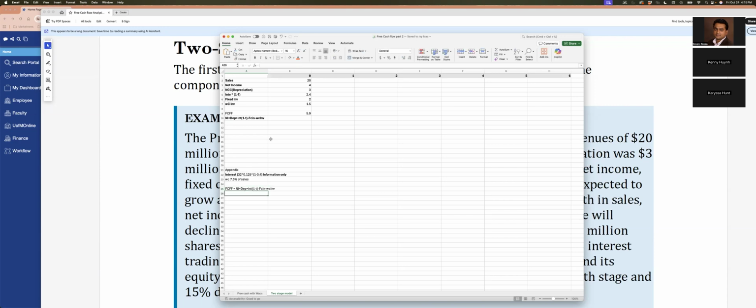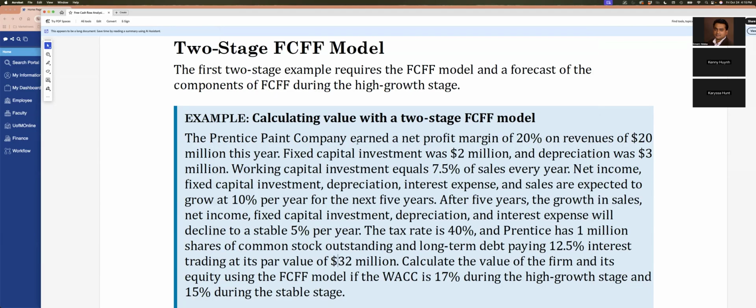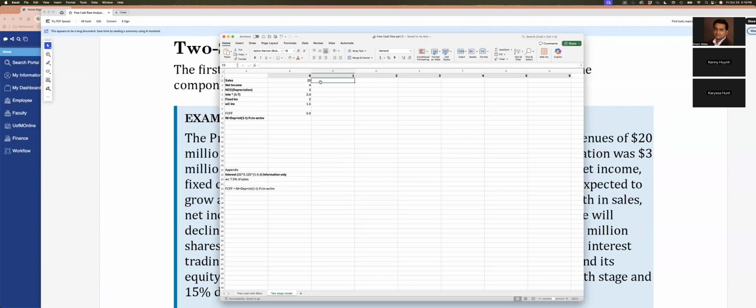This is appendix. Okay. Now, the sales are growing how much? First 5 years, the growth in the sales and net income, depreciation, all the excess. Net income, fixed cap, depreciation, interest, expense, sales are expected to grow 10% for the next 5 years. So let's go, net income grows 10%.